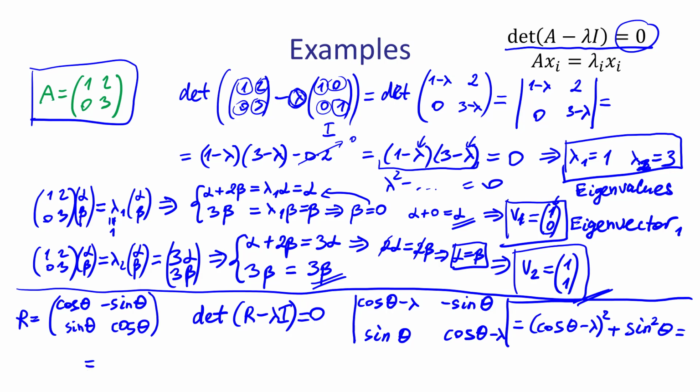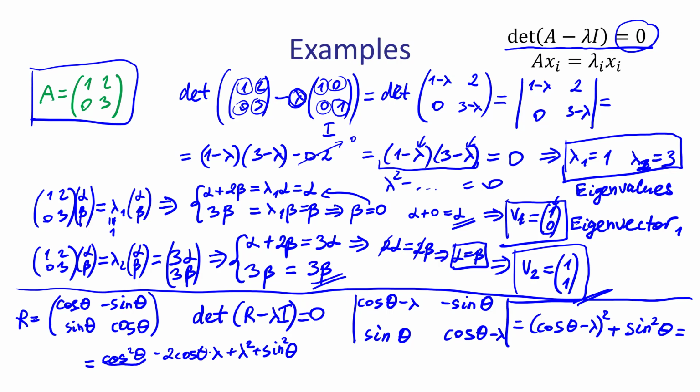So we get cosine squared theta minus twice cosine theta multiplied by lambda plus lambda squared plus sine squared of theta.